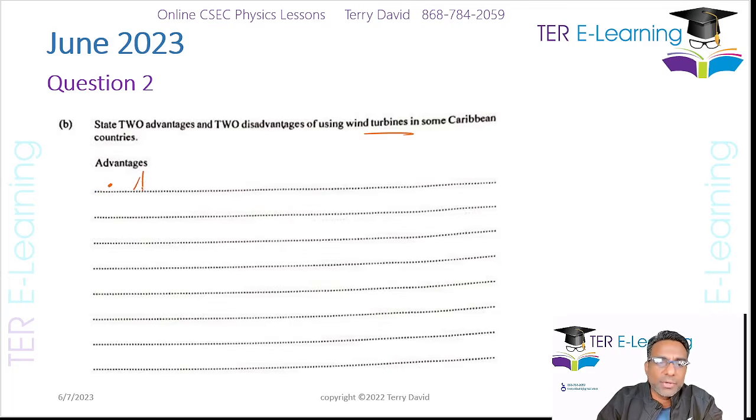So there is an abundance or availability of wind. So that's our most obvious answer that we should have put. Just like how we have a lot of sunlight in the Caribbean, so solar is a good option in the Caribbean as well. So abundance or availability of wind.